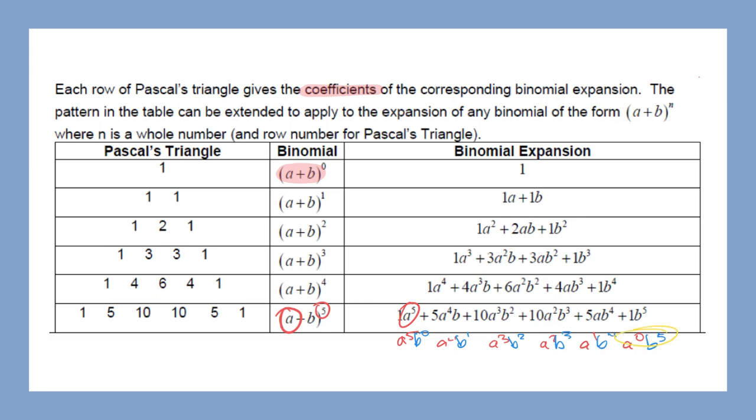The exponents always add up to 5. 5 plus 0 is 5. 4 plus 1 is 5. 3 plus 2. Okay? And then you have the coefficients that we see from Pascal's triangle here: 1, 5, 10, 10, 5, 1, sorry.